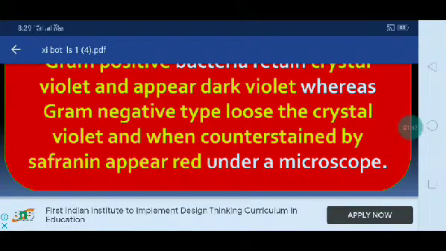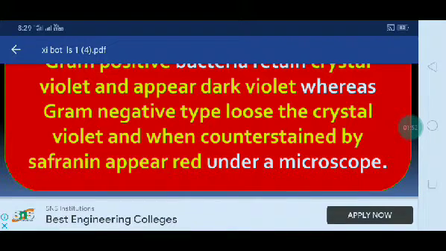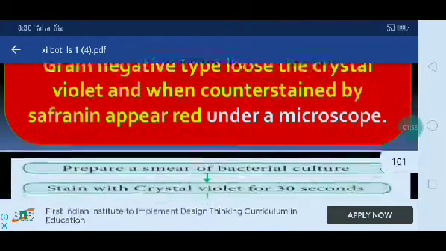That is the difference between Gram positive and Gram negative bacteria. We will see the procedures one by one.